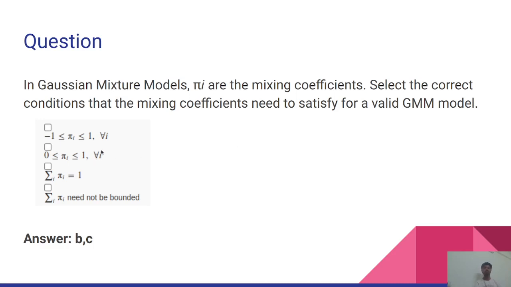Yeah, this is for all i's. So what is the symbol called? This is called actually for all. So if you consider all the i's, then pi i will be less than or equal to 1, and greater than or equal to 0. So that is what we say.